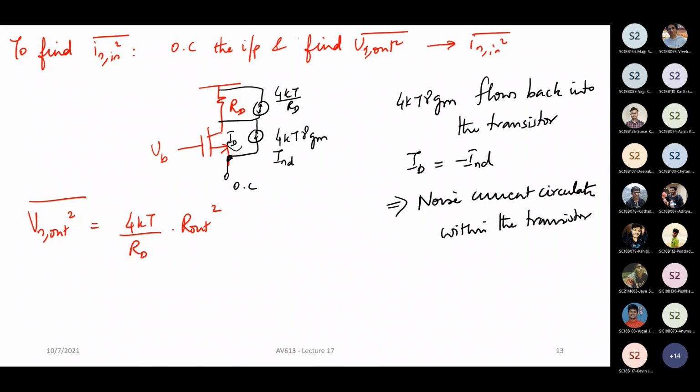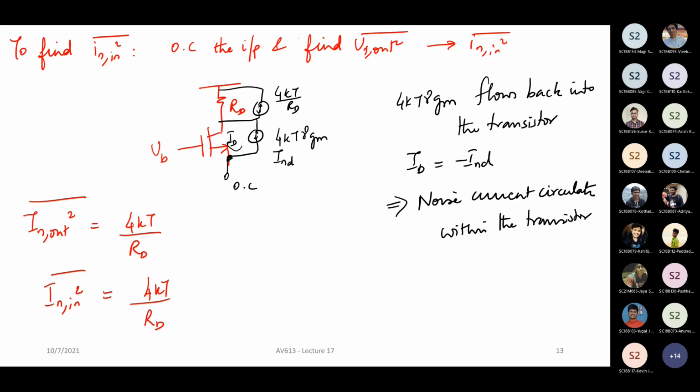And this current keeps flowing inside anyway, because it has nowhere else to flow. In other words, the In in squared can be written as 4KT divided by RD. The same current basically flows out, so we can also say that this In out squared is 4KT by RD.